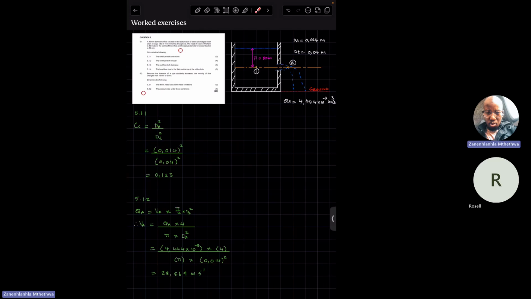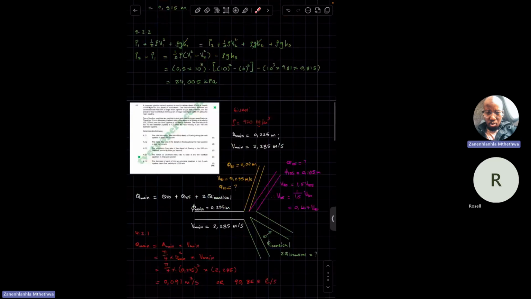So that is flow through an orifice, and then this one is fluid in motion. I thought I'd just do one or two, which will at least prepare you for the assessment, and then this one as well.